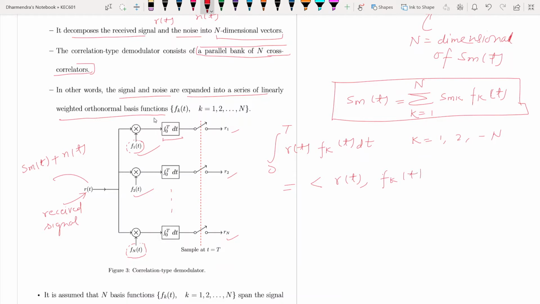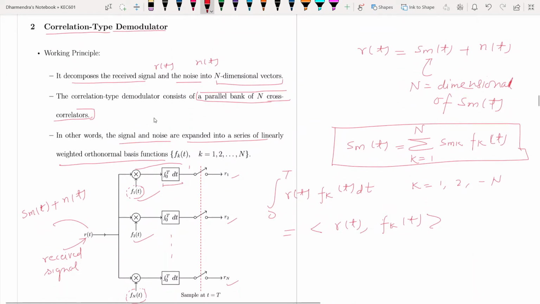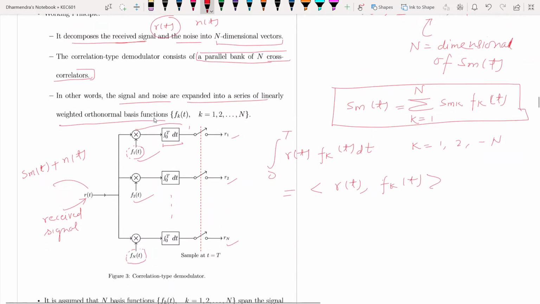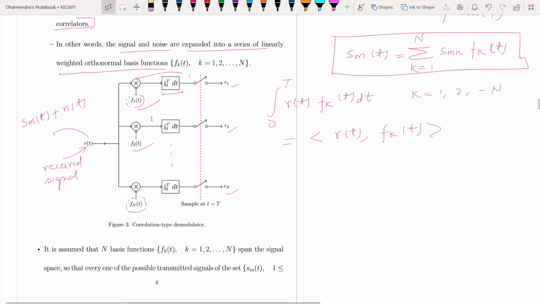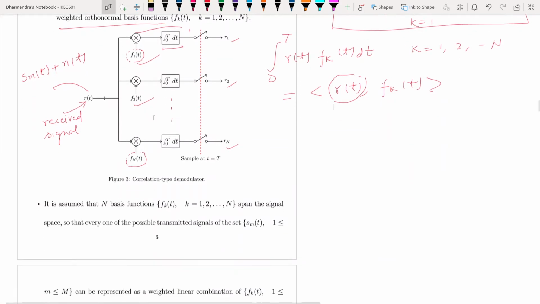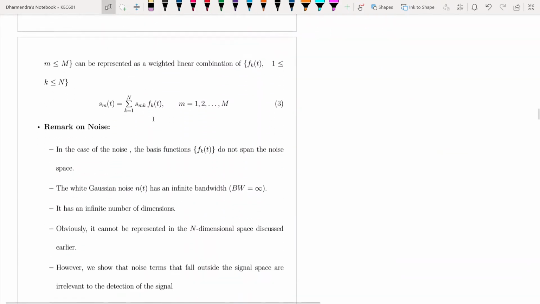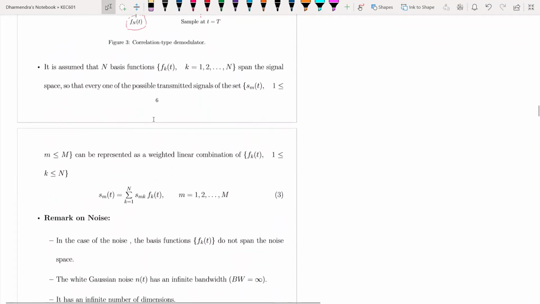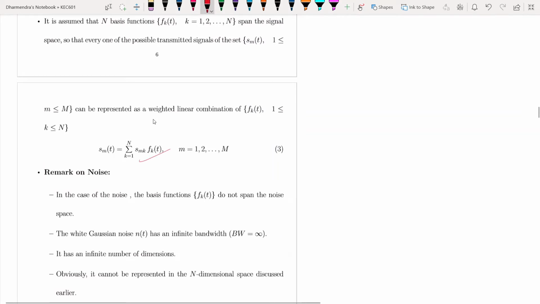Up to here, the function is decomposition: we are decomposing the received signal r(t). It means I want to find the N projections of the received signal on each basis signal. So s_m(t) can be written like this.